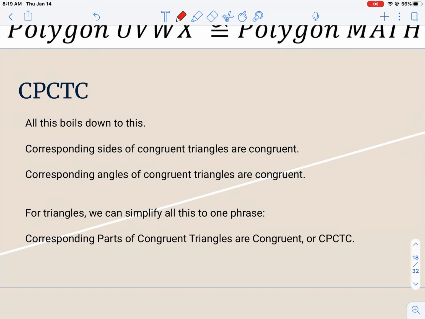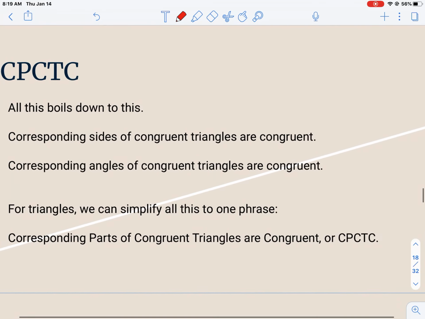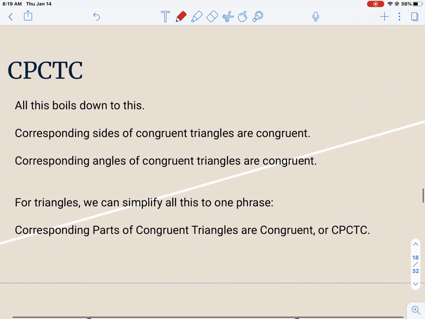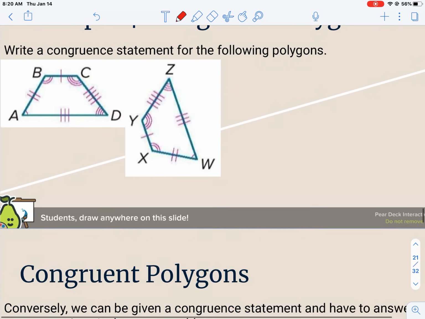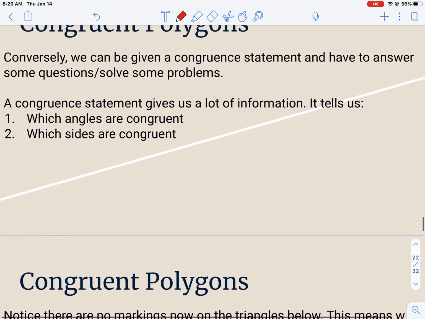The simple way to put this is CPCTC, corresponding parts of congruent triangles are congruent. You might see that if you look it up online. But that's just a way to say what we've been saying the whole time in this section, that matching sides are congruent and matching angles are congruent. They substitute corresponding for matching. Same idea though. And we already wrote some congruent statements for these.